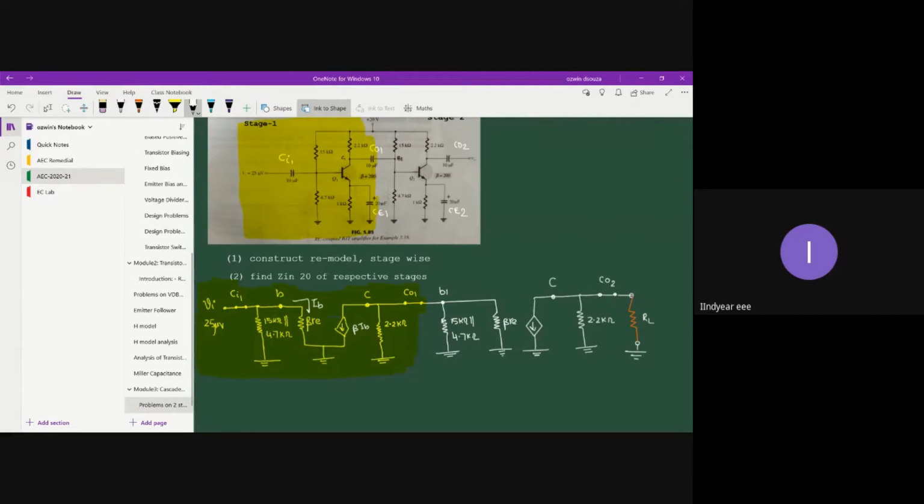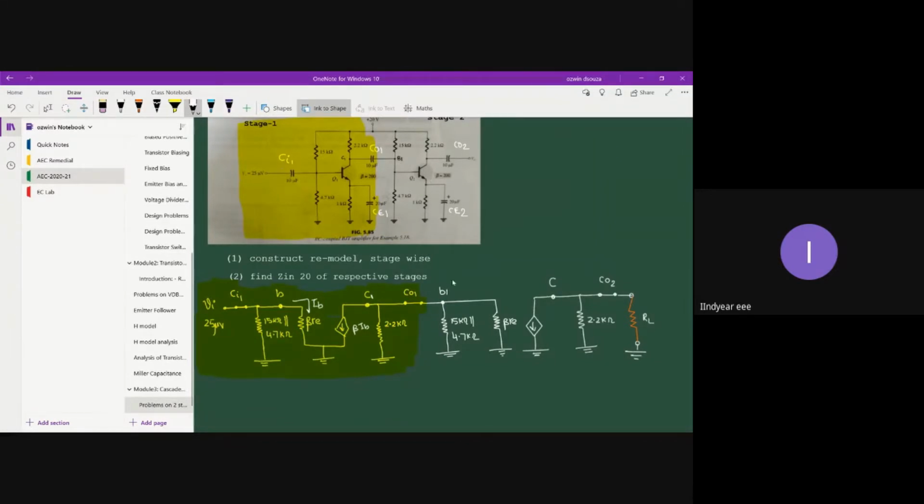Now if you observe carefully, this is your C1. Let me just rewrite it as C1. So C1 is connected to B1 through the coupling capacitor CO1. For AC analysis, the capacitor is considered as a short circuit. So you can clearly observe that C1 is directly connected to B1, where B1 is the base terminal of the second stage.